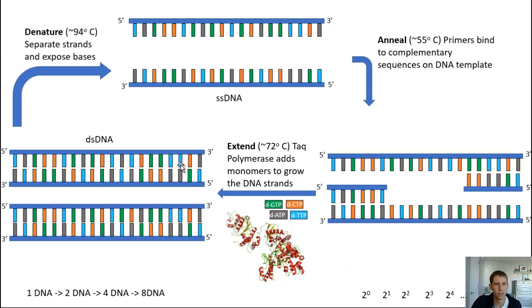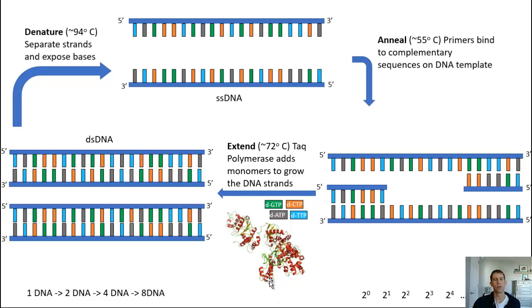So what we get is 2 double-stranded DNAs, and then this process continues to go to the next step. So we're going to separate our double-stranded DNAs to make single-stranded DNAs. Our primers are going to anneal to that once we drop the temperature back down. Once those primers anneal, our Taq polymerase is going to grow those DNA strands, and we're going to make another set of DNA strands.